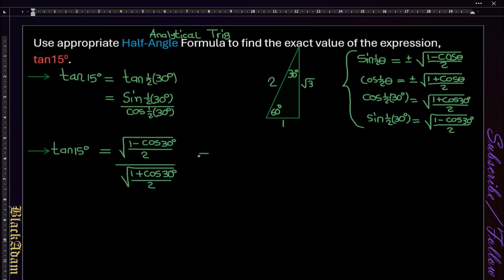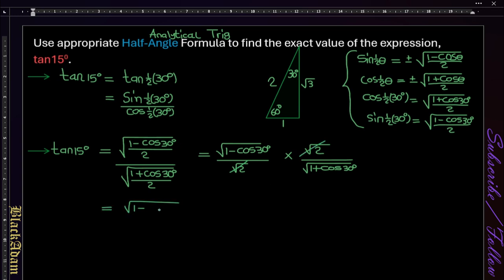So that's going to be the root of 1 minus cos 30 degrees over root 2 for the numerator, multiplied by the inverse of the denominator, root 2 over the root of 1 plus cos theta, so the root 2 cancels out. Now we have the root of 1 minus cos 30 degrees all over the root of 1 plus cos 30 degrees.